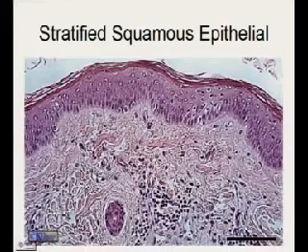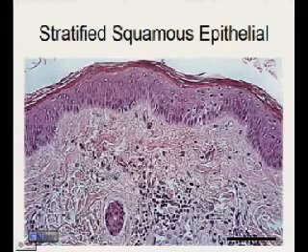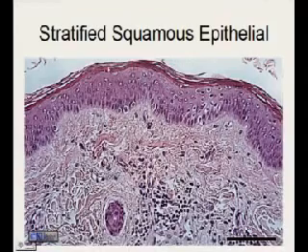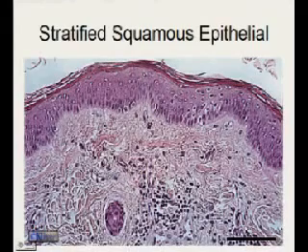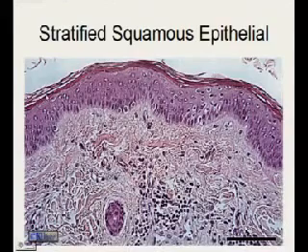Again, the cells are stacked upon each other. They get thinner as you get toward the surface of the skin. But when you see this callus formation above the surface, you know that this is stratified squamous, and you know actually that it's the skin that we're talking about, because it's the only area of the body where you see this type of pattern.